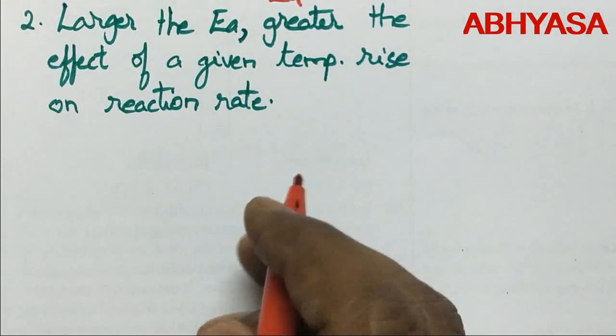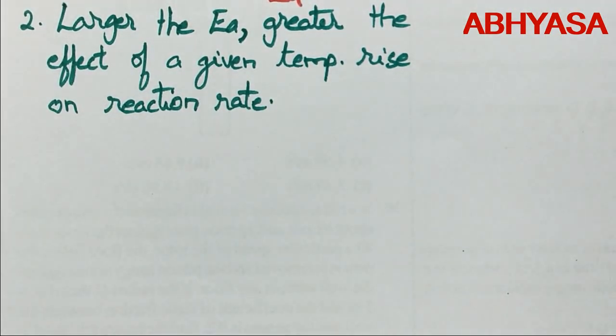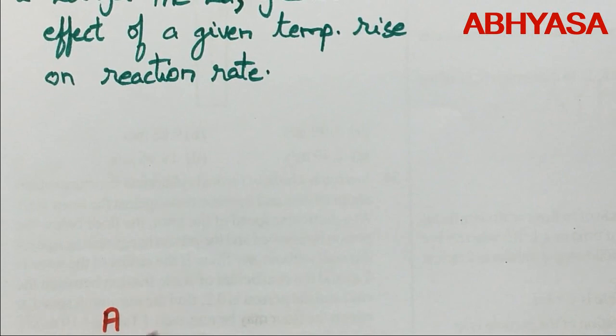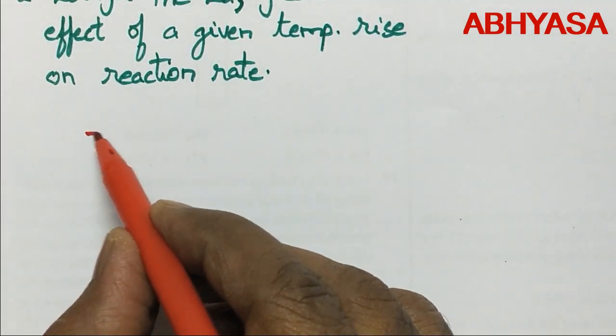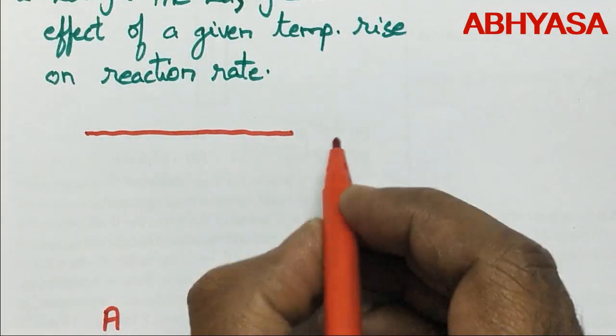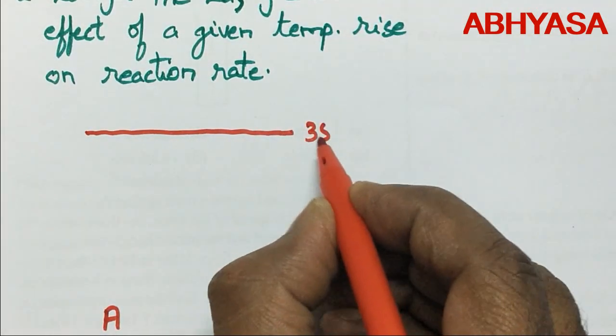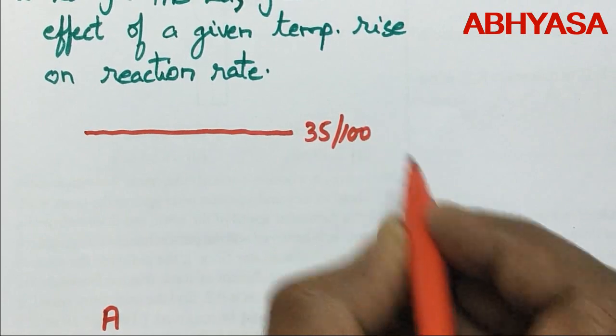Why is it like that? Let me explain by taking an example. Let me take two students, A and B. Both are writing the examination, and in order to pass, both of them should get 35 marks out of 100.